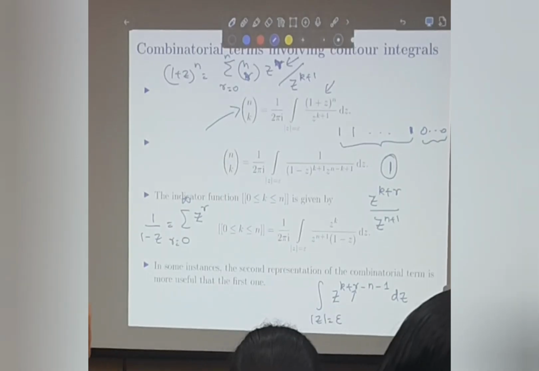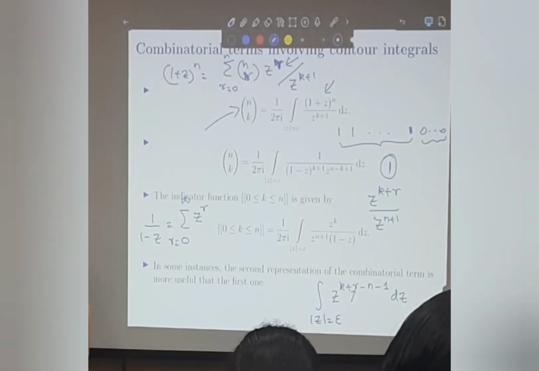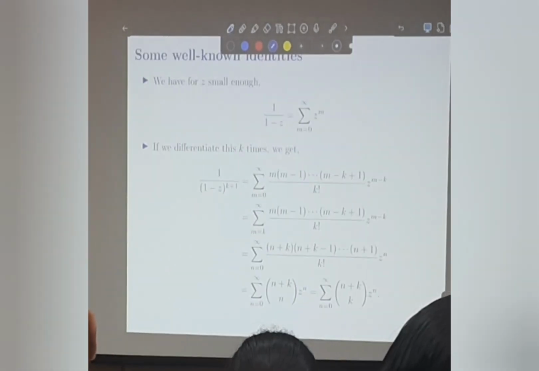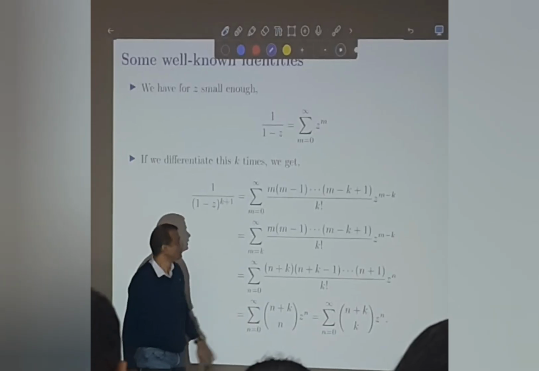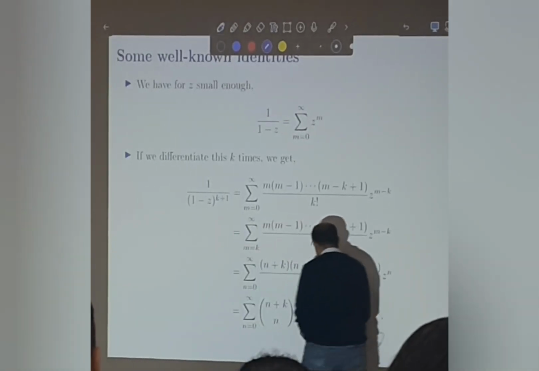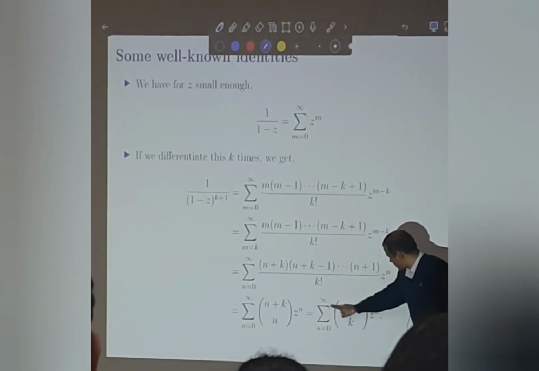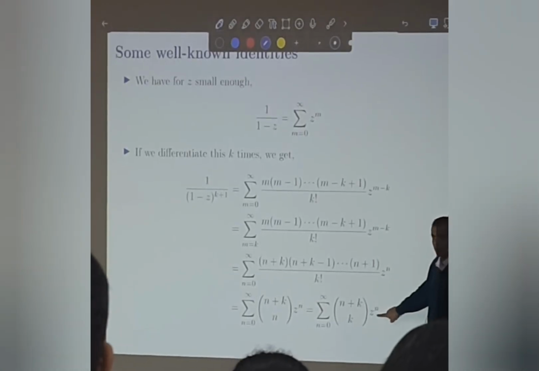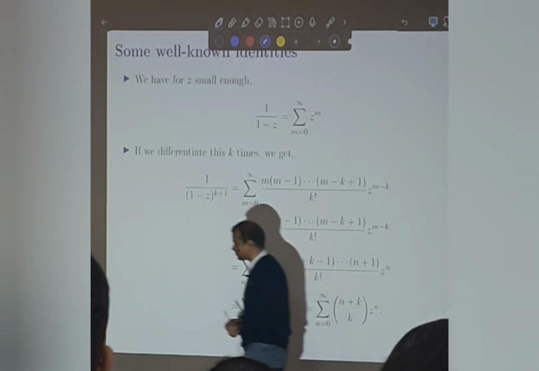So I want to use combinatorics using complex analysis. Now, this 1 over (1 minus z) to the k plus 1, you can write in the following fashion: sum from n equal to 0 to infinity of n plus k choose k, z to the n. So now let's go back.